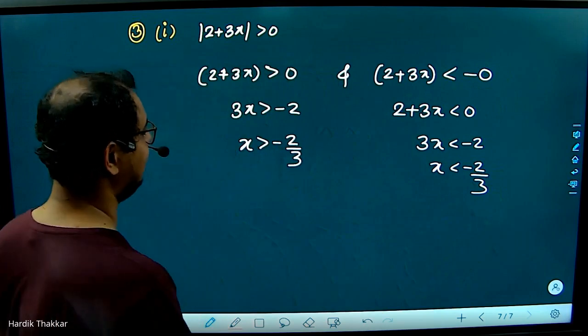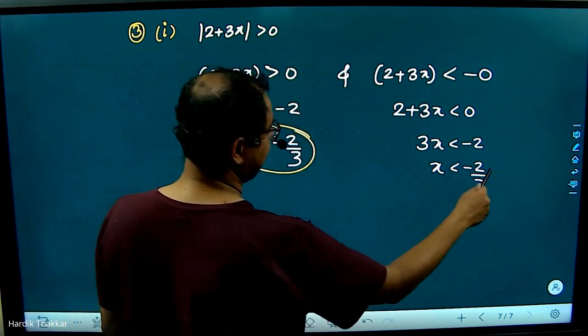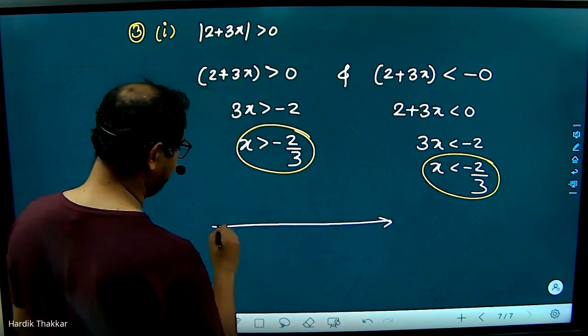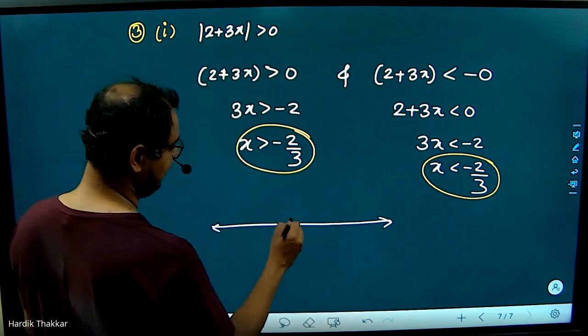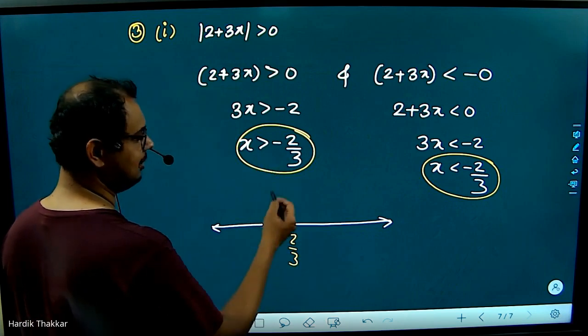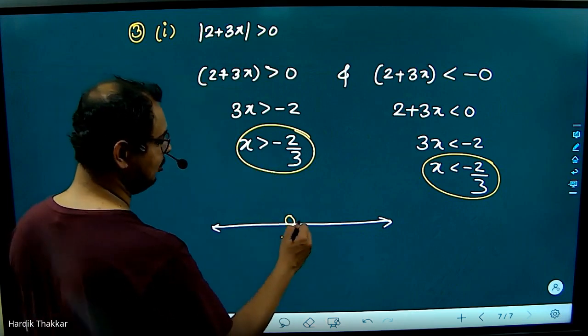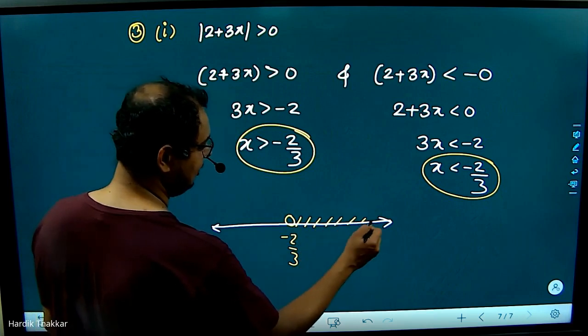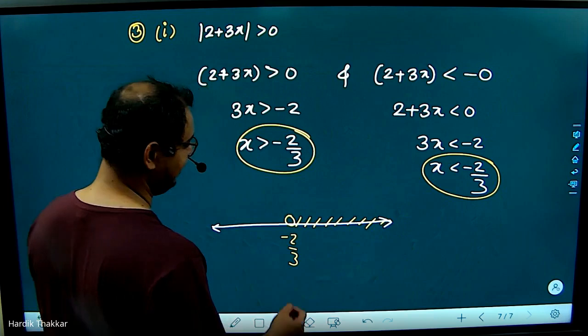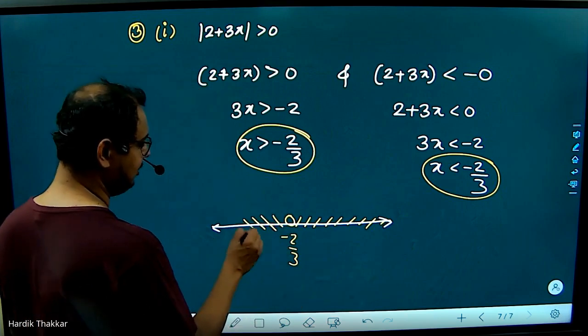Now we will combine both the situations. Let us consider that the point minus 2 by 3 is here. The first condition says that x is greater than minus 2 by 3, so we will shade this region. The second condition says that x is less than minus 2 by 3, so we will shade this region.